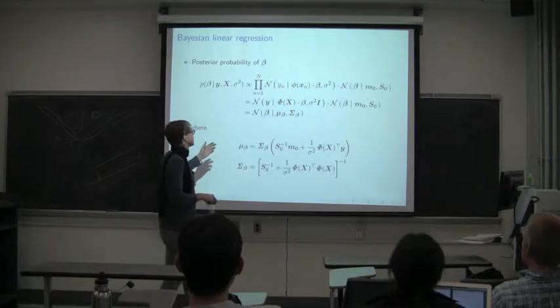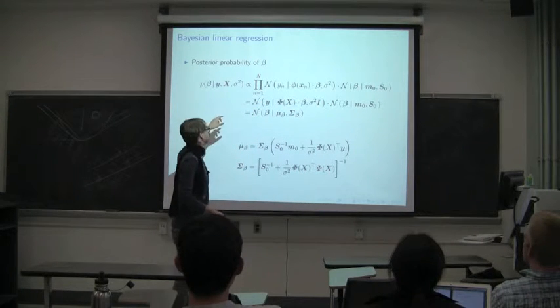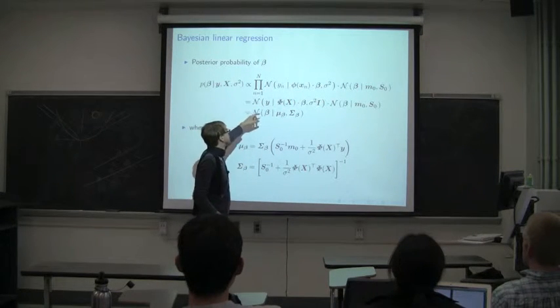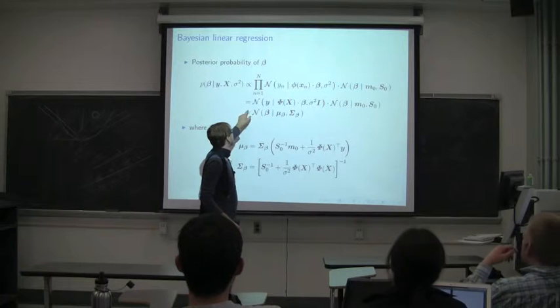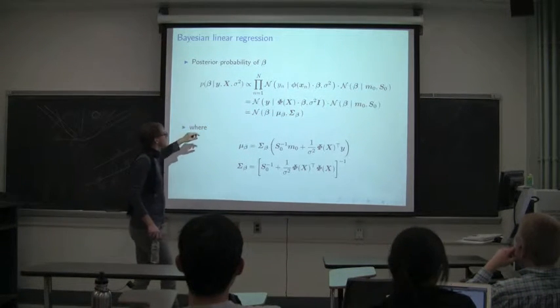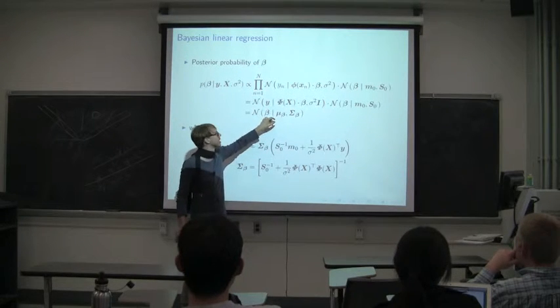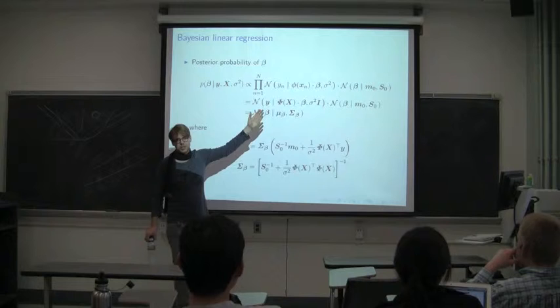If we take this product, then as before we can solve for a distribution in beta. Here, this should actually be a proportional sign, not an equal. But we know that the posterior is normalized. We know that it's the conjugate prior, because it's a Gaussian again.